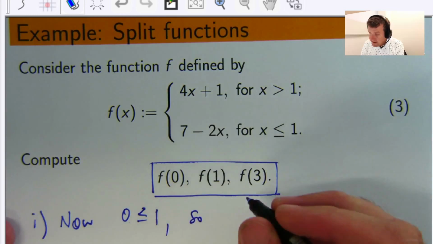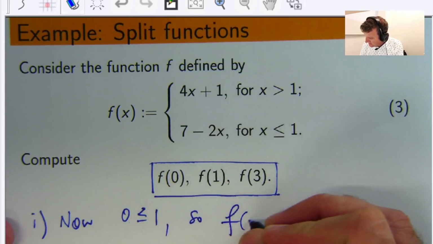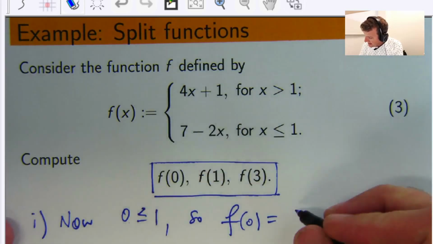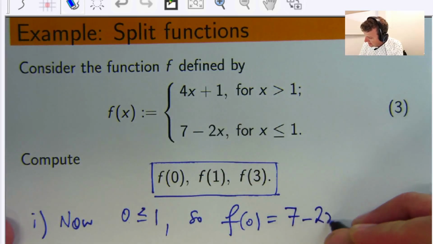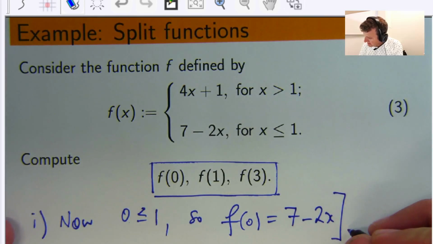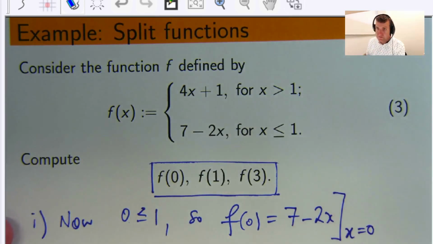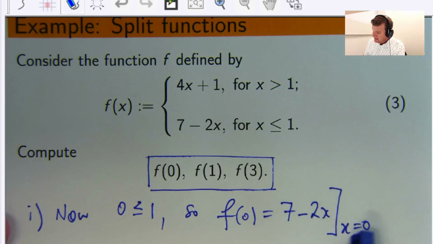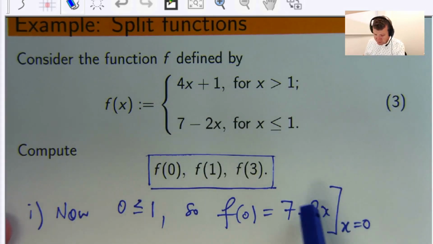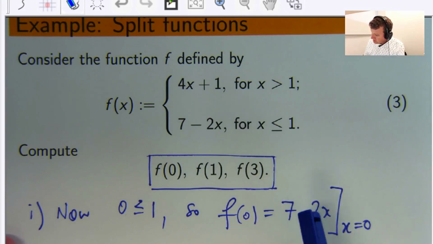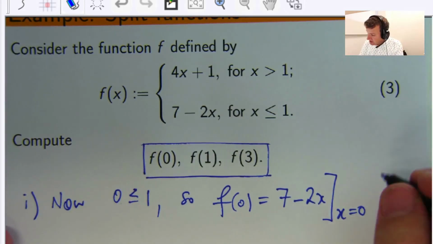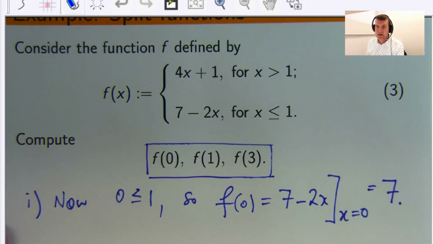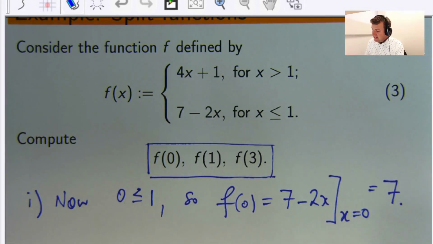So f of 0 is this part evaluated at x equals 0. By this square bracket, I mean this function evaluated at x equals 0. So let's replace x with 0. 7 minus 2 times 0 is just 7. Pretty easy so far, right? Let's go to the next part.